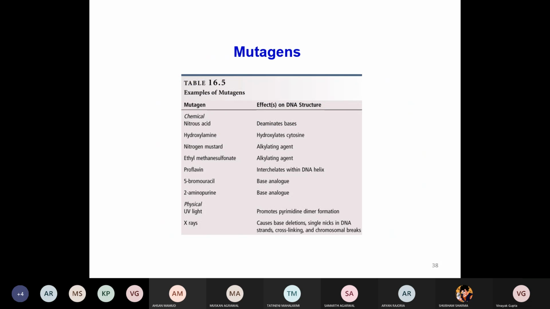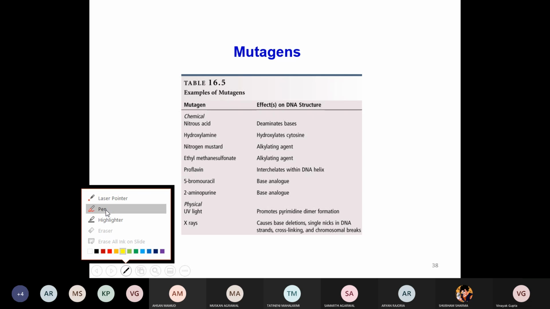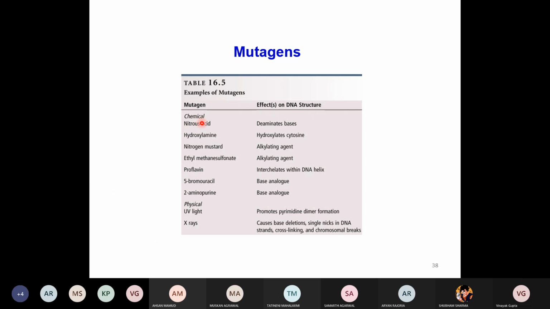Although there are a lot of mutagens which are known, all these mutagens can be categorized into two parts, either chemical or physical. Here this list is very small. If you go through Google, so many mutagens are known.